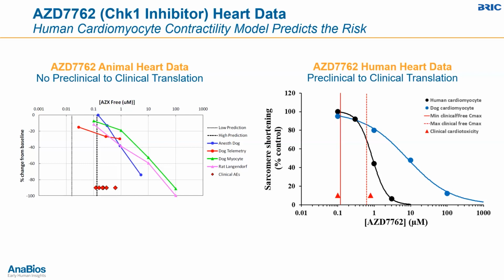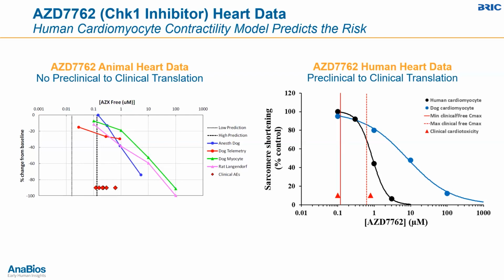As you can see, the model showed a potential to cause cardiotoxicity, but the data indicated a safety margin of around 15-fold. However, when AstraZeneca took this compound to clinical trial, there was a very significant effect on contractility in patients, and they were forced to stop the clinical trial.